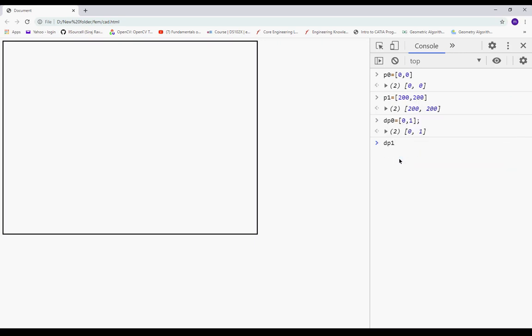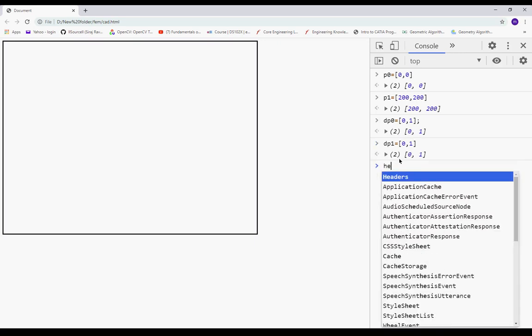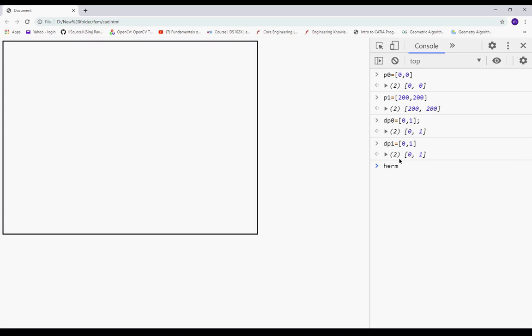Now dp1 is equal to, let's have this also the same, no issue. And now I can use Hermite. Whether it is loaded or not. Okay, it is not loaded, so I'll reload this. Okay, fine. Now all the points have disappeared.